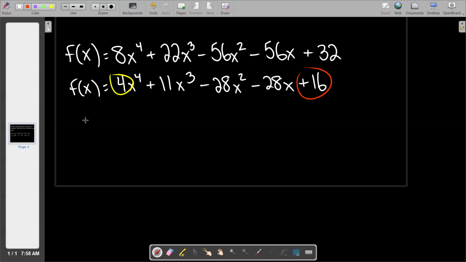What are the factors of 16? 1, 2, 4, 8, and 16. Okay, and then what are the factors of 4? So at this point in time, our job is to write out a comprehensive list of all possible rational zeros.